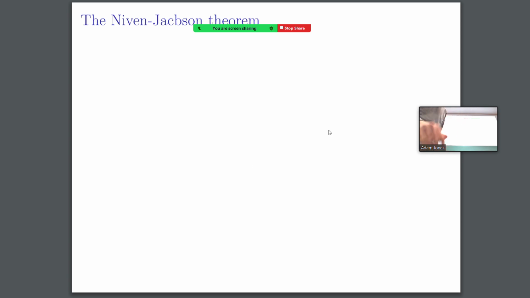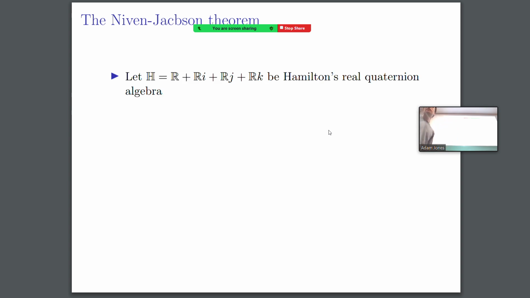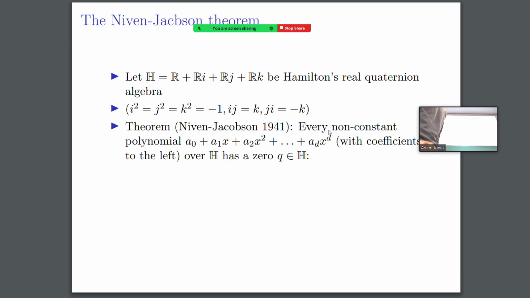Now let's jump to something maybe slightly less well known. Now let's consider the quaternion algebra, the classical Hamilton quaternion algebra with the classical multiplication rule. Everybody kind of learns that as an undergraduate.